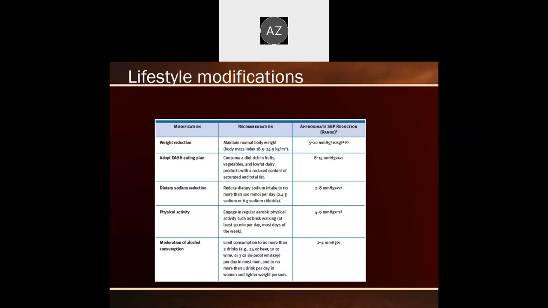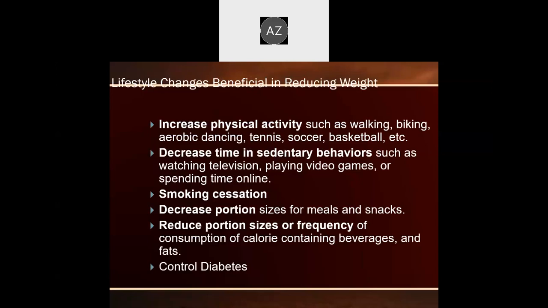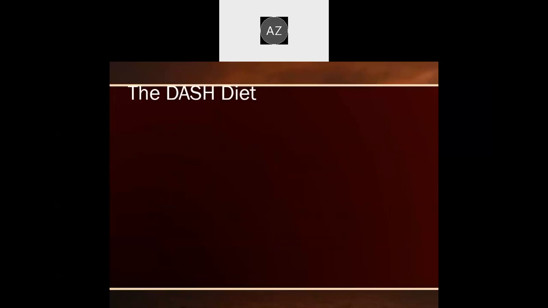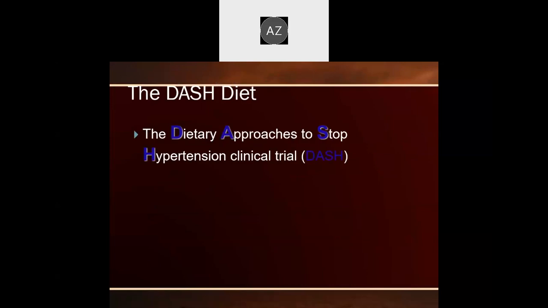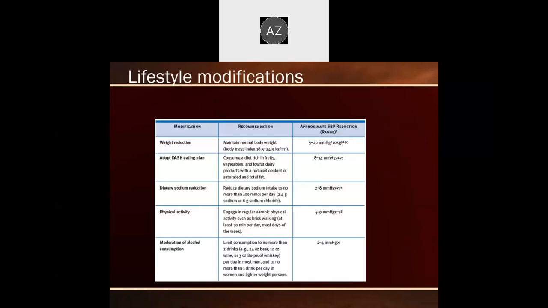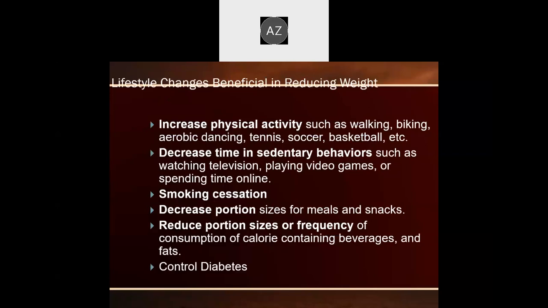And then you need to do what we call the DASH diet. It's called the dietary approaches to stop hypertension. So it's very, very important. And then you need to decrease sedentary behavior, such as watching television, playing video games, or spending time online.